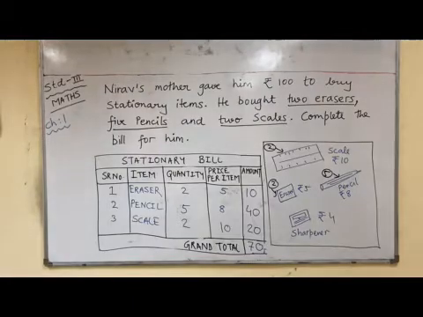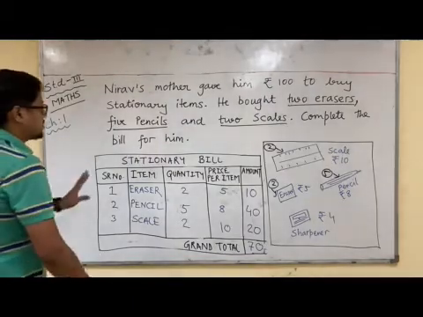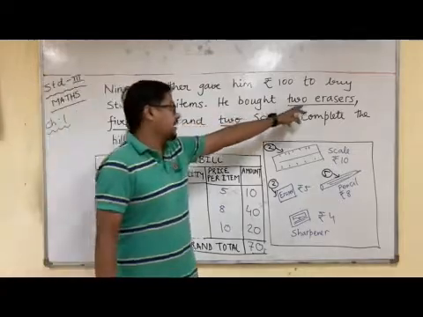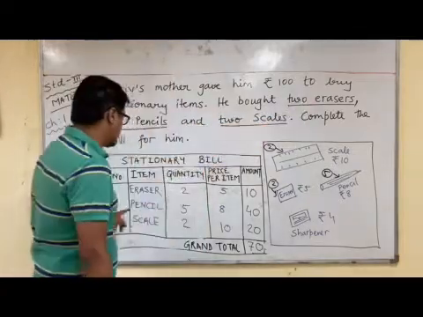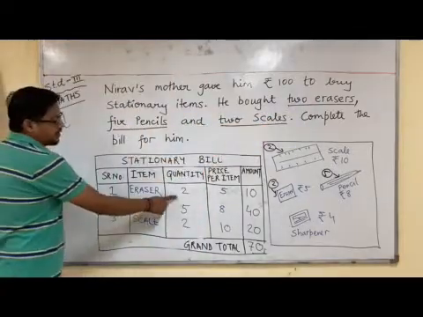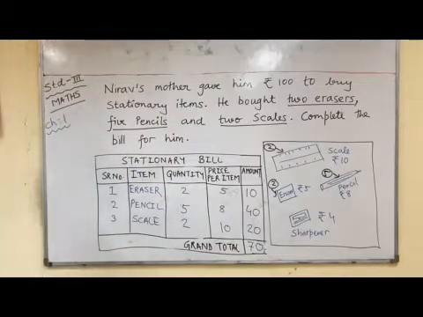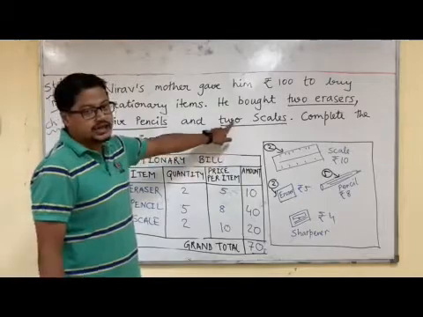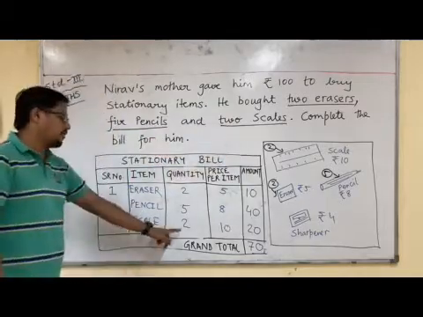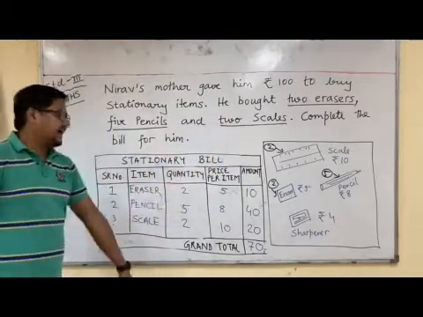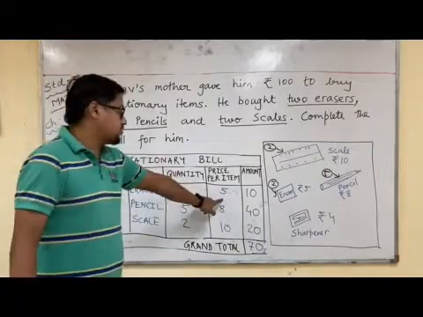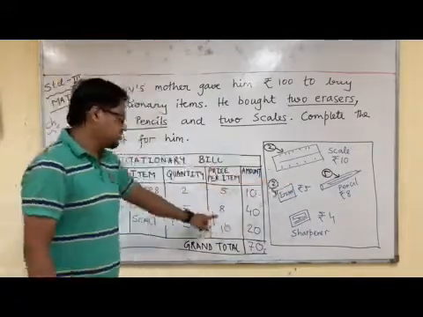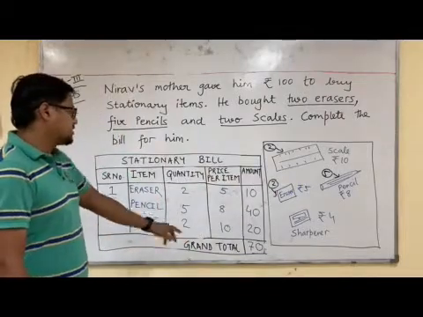I will repeat in short once more. This is the bill. Neerav's mother gave him 100 rupees and he purchased 2 erasers, so sir has written eraser, quantity is 2. He purchased 5 pencils, so sir has written pencil, quantity is 5. He purchased 2 scales, so sir has written scale and quantity is 2. Now price per item. Price of one eraser is rupees 5, price of one pencil is rupees 8, and price of one scale is rupees 10.